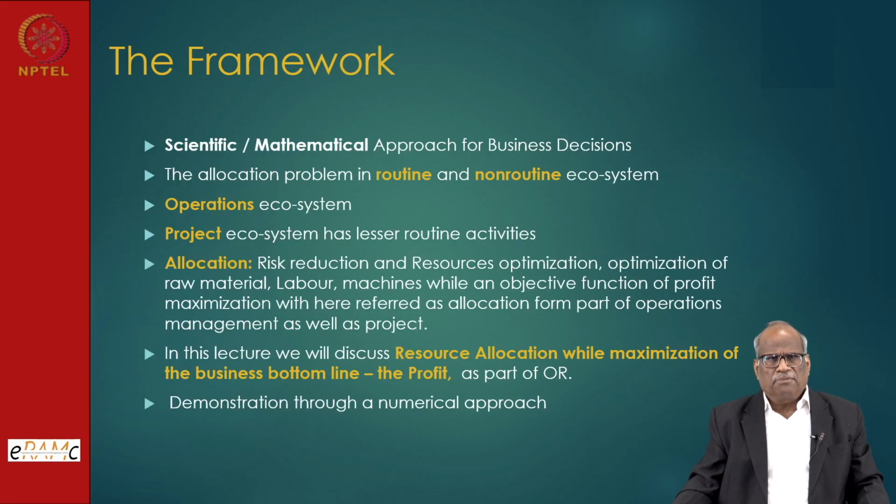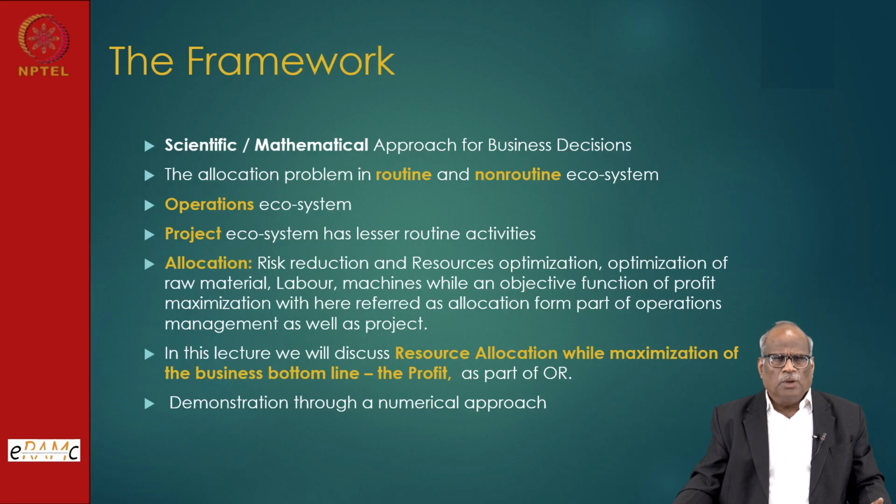We have to understand a lot of jargon that we use in operation research, we have to see definitions, and we have to understand what the framework is. So let us first understand the framework. It is a scientific mathematical approach for business decisions. Now let us say the allocation problem is in a routine and non-routine ecosystem.